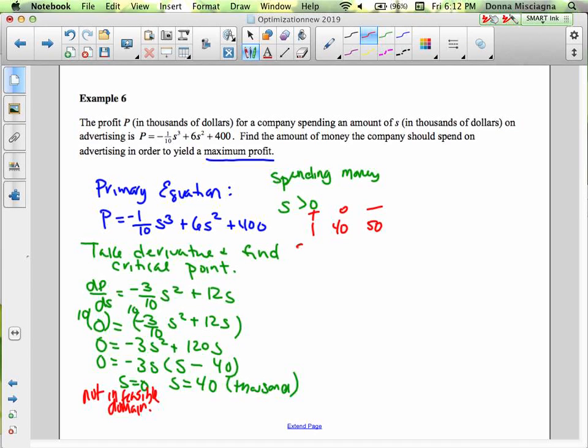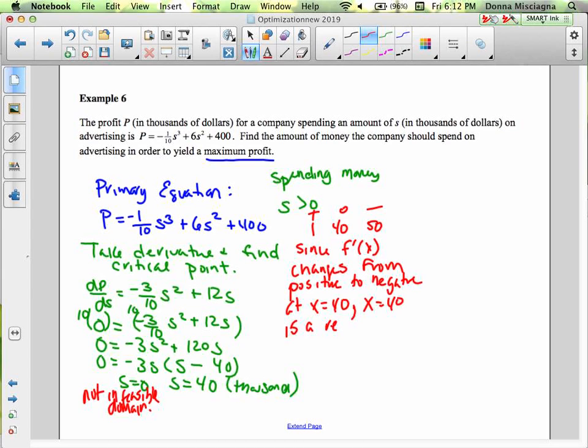So since the derivative changes from positive to negative at S equals 40, S equals 40 is a relative maximum.